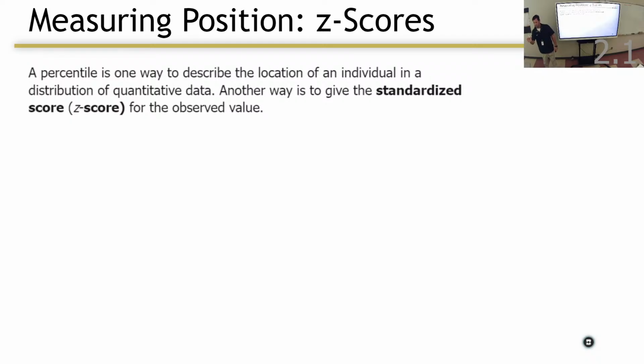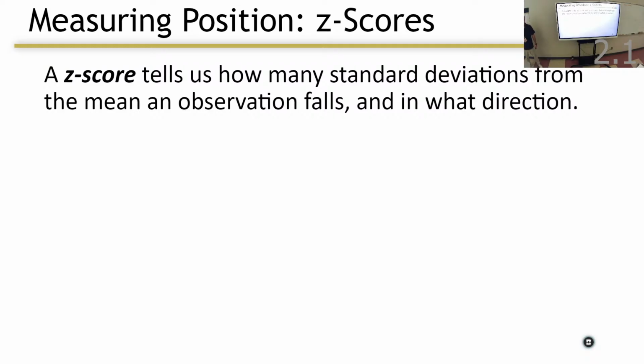You're in the 86th percentile. You're in the 27th percentile. Another way to describe it is called a standardized score. Because we're lazy and we don't like to write standardized every single time, we changed it to a z-score. So Z means standardized.